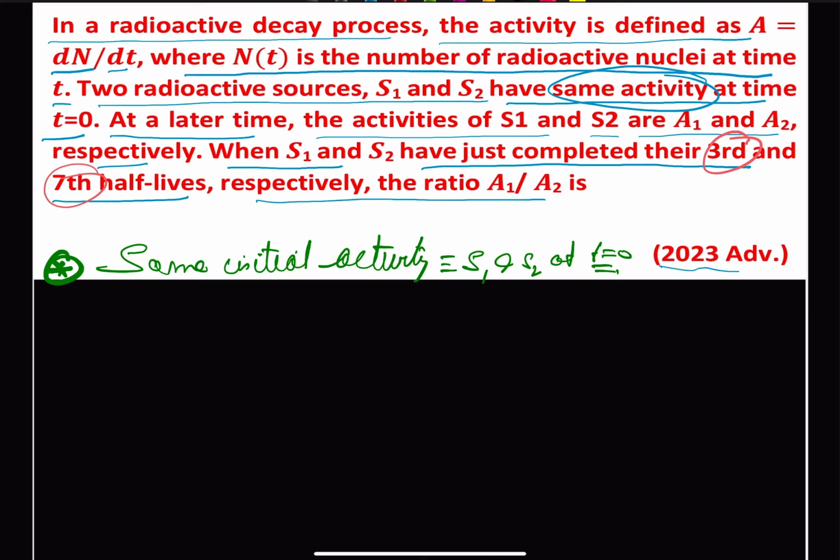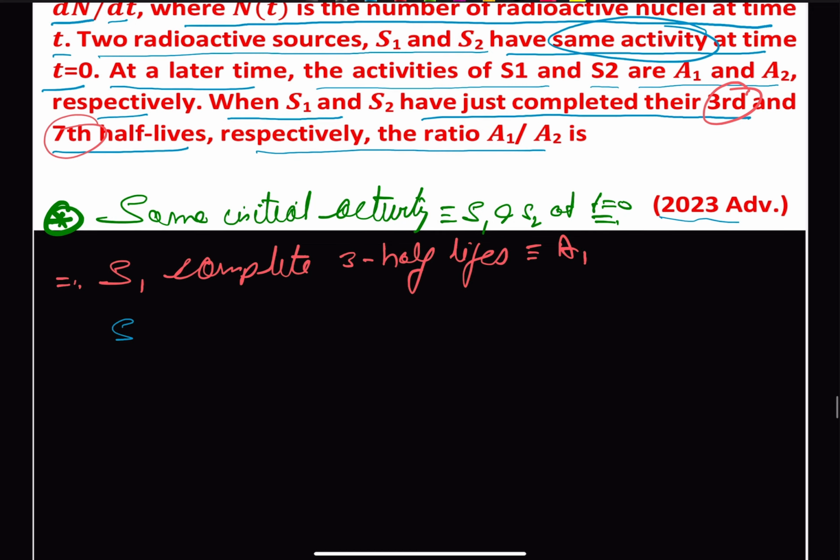So S1 completes 3 half-lives, and after that its activity is given as A1, and we have our S2 that completes 7 half-lives, and its activity is given as A2.